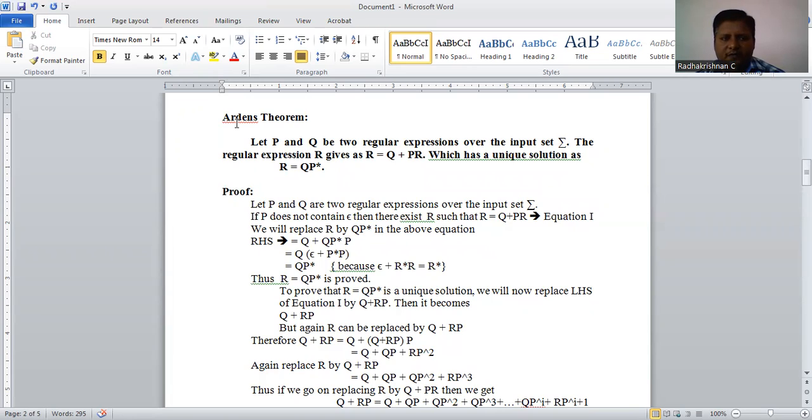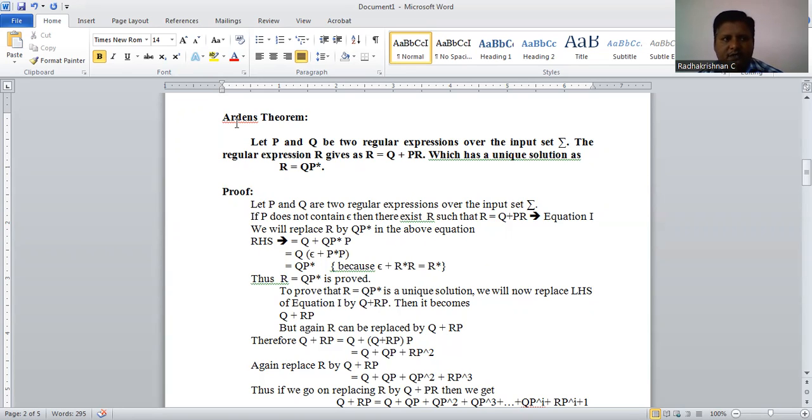In unit 1, we studied how, given a regular expression, we design the deterministic finite automata, non-deterministic finite automata, or non-deterministic finite automata with epsilon transitions. Whatever the conversions, everything was studied in unit 1. In unit 2, we discuss the reverse process.